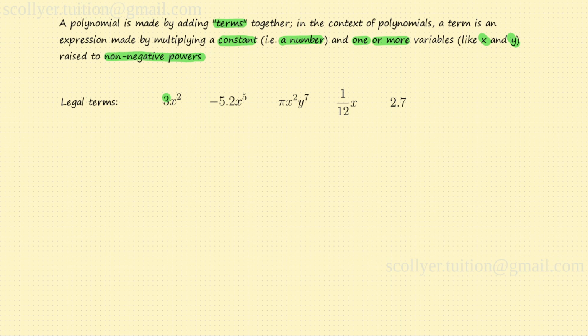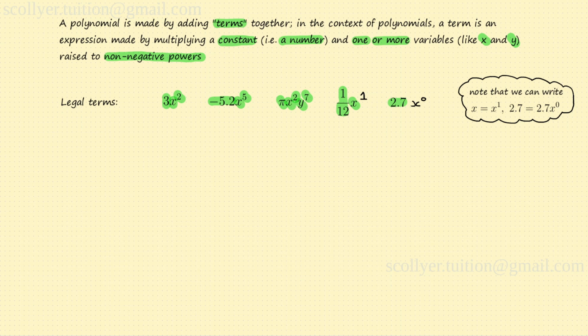So we have 3, a constant; x, a variable, 2, a non-negative power; minus 5.2 x to the power 5; pi a constant, x to the power 2, y to the power 7; 1/12 constant, x variable, and a positive power of 1; 2.7 constant, x raised to the power 0, a non-negative power.